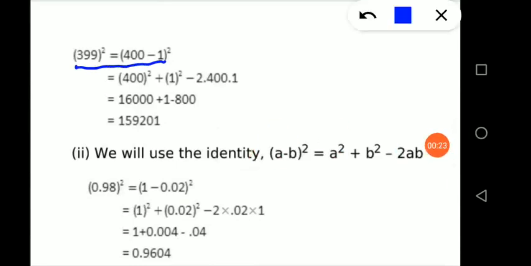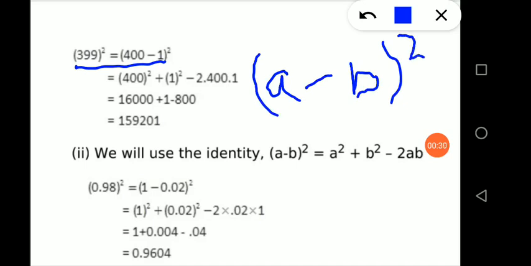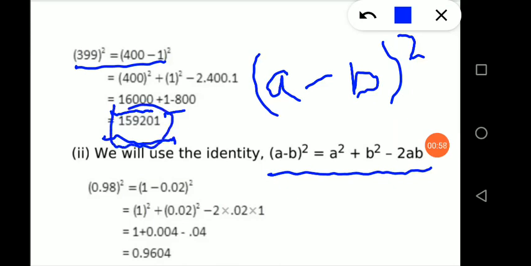And 400 minus 1 can be considered as a minus b, and since its power is 2, so whole square, where a is 400, b is 1, and hence we can apply the formula (a minus b) whole square, which is equal to a square plus b square minus 2ab. So a square is 400 square, 160,000, b square is 1, and 2ab is 2 into 400, 800, into 1, 800, and thus we get our answer by solving.